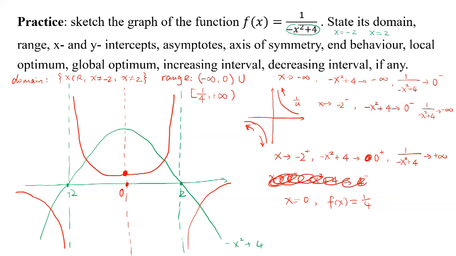The axis of symmetry is x equals 0. And end behavior, we have already analyzed it. You need to analyze the end behavior here, here, here, here, here, and here. Local optimum, this is a local minimum. Global optimum, there is no global optimum.